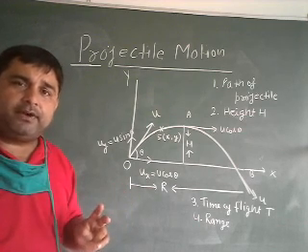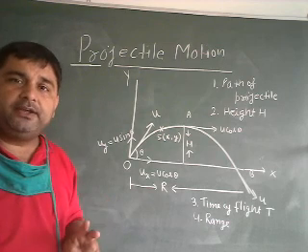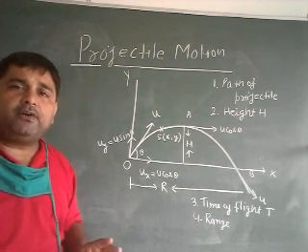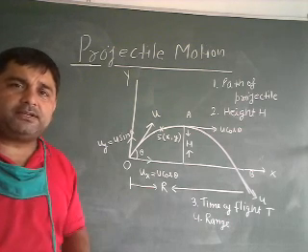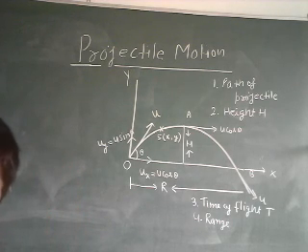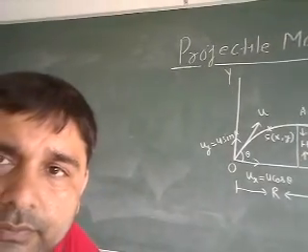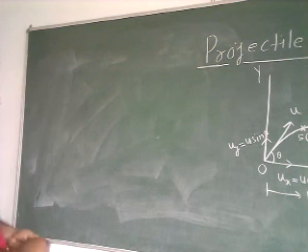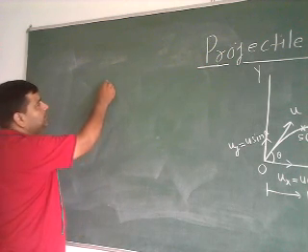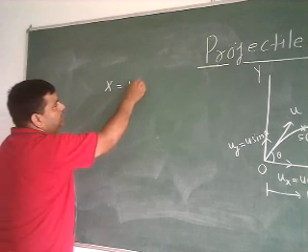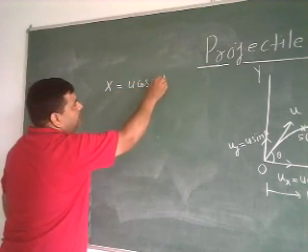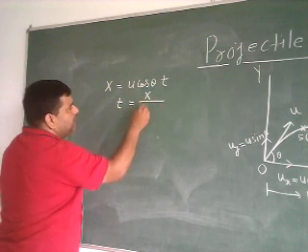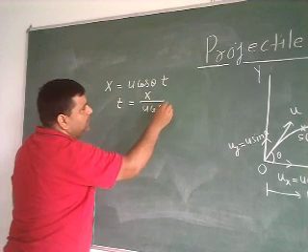You have to connect x and y, so you have to eliminate t. Okay, so I calculate the value of t from equation first. My first equation was x is equal to u cos theta t. I take t as x upon u cos theta.